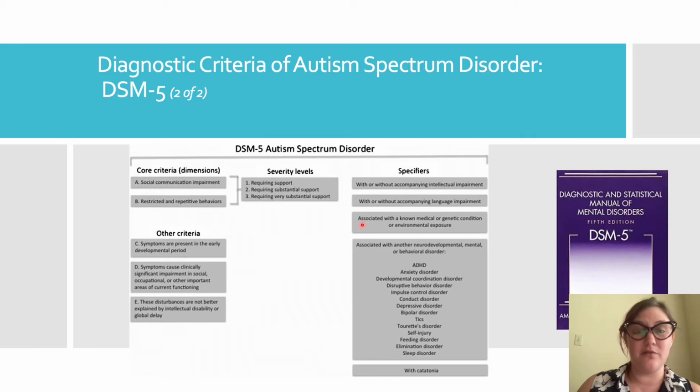So it would be unusual to see a specifier because it's very unusual for us to know exactly why a person has autism or not.